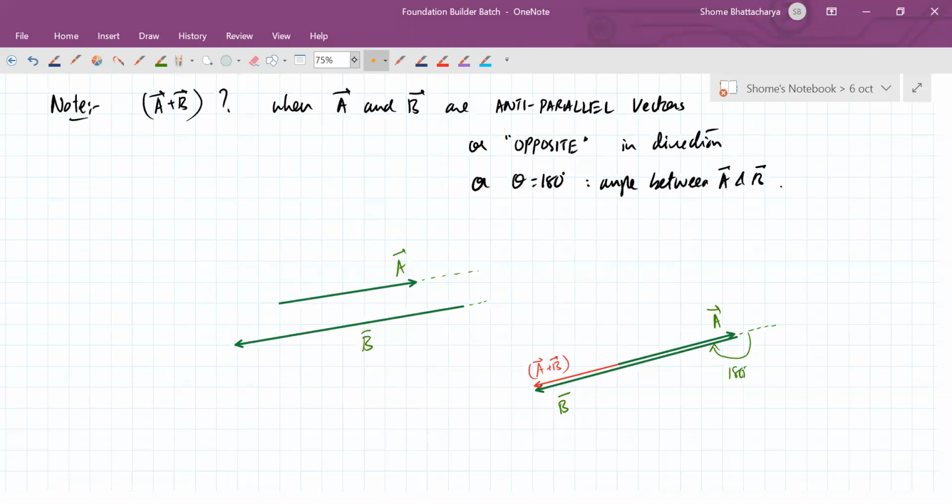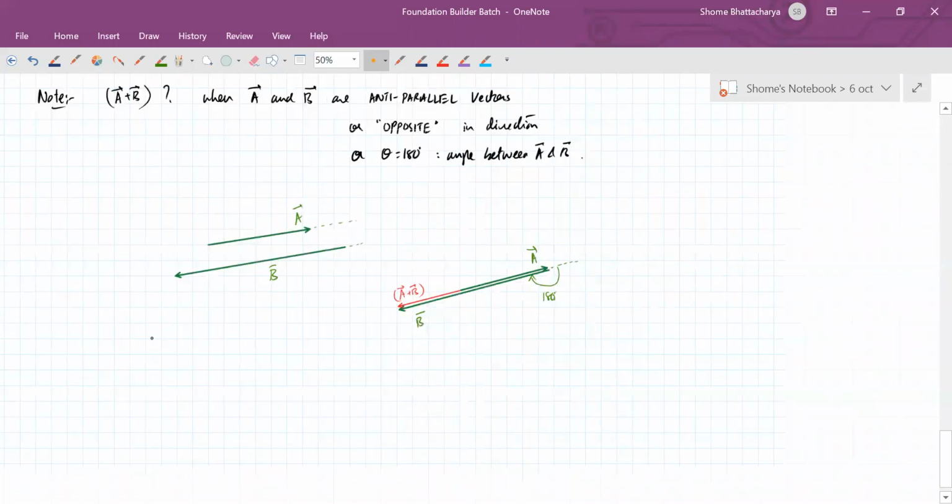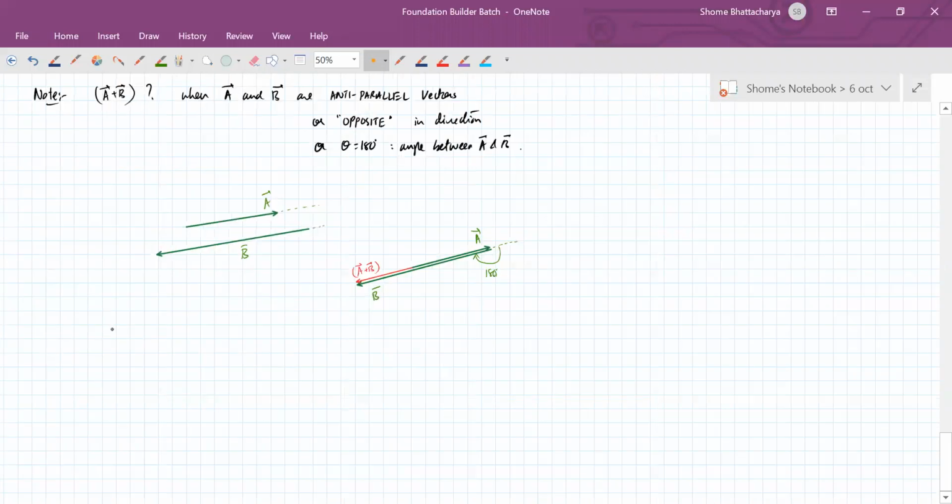Okay, so in terms of formulae, what we have to do here is, in this, cos theta is cos 180, which is minus of cos 180 minus theta.